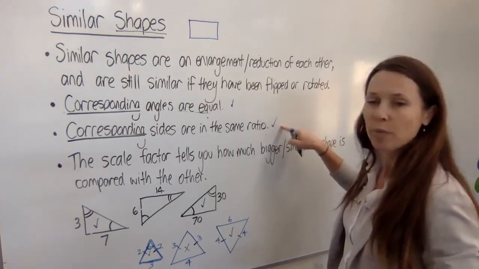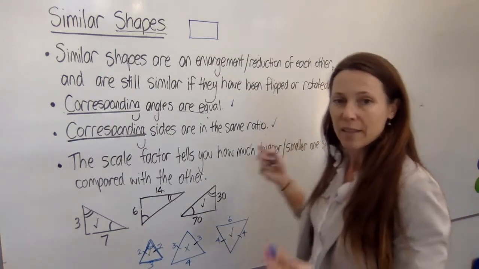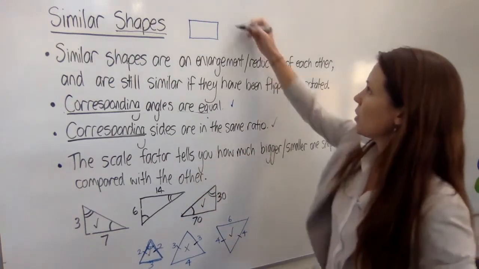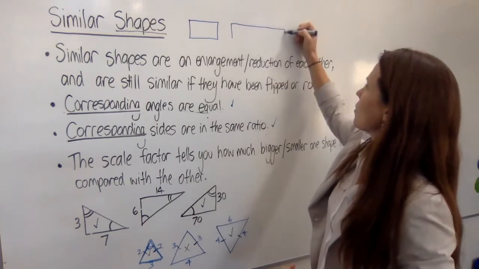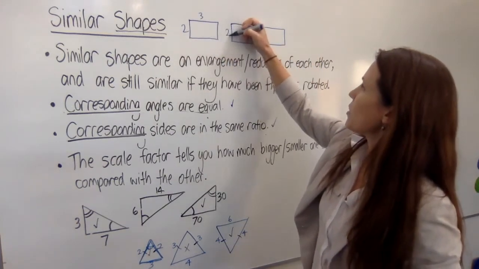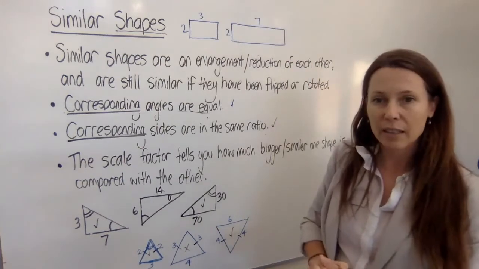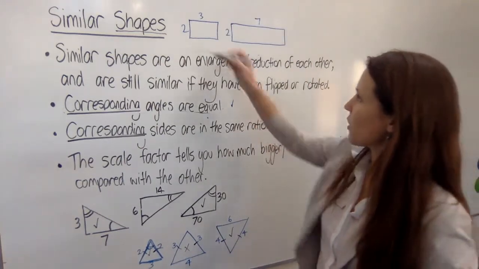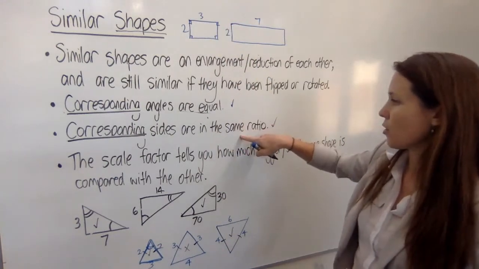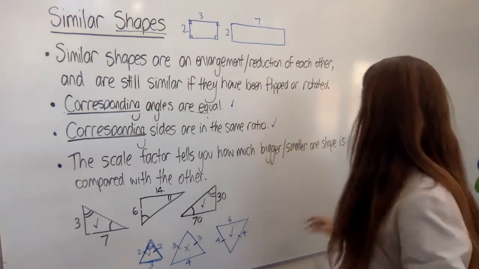This doesn't hold true back the other way for anything other than triangles. Let's have a look at two rectangles. Let's say one is 2 by 3 and the other is 2 by 7. They're clearly not an enlargement or a reduction of each other, even though all the angles are equal. It fails the corresponding sides in the same ratio.